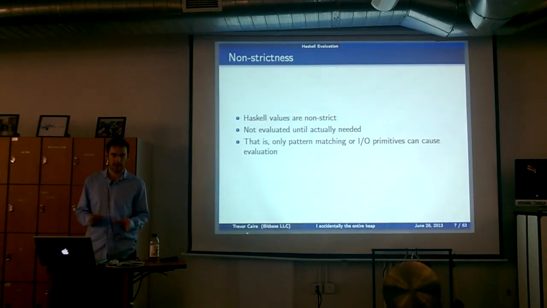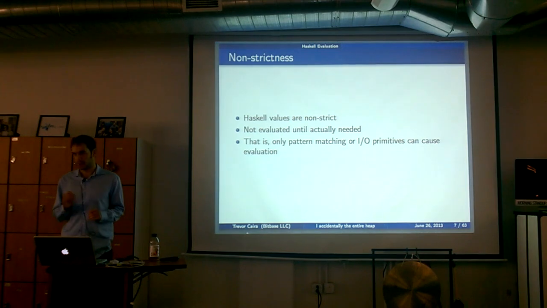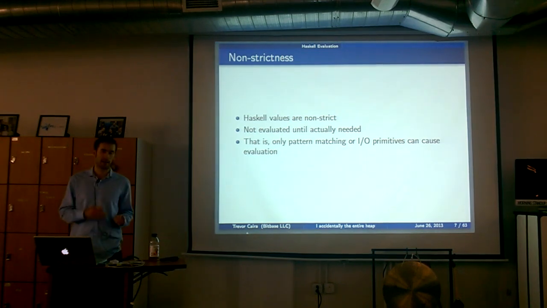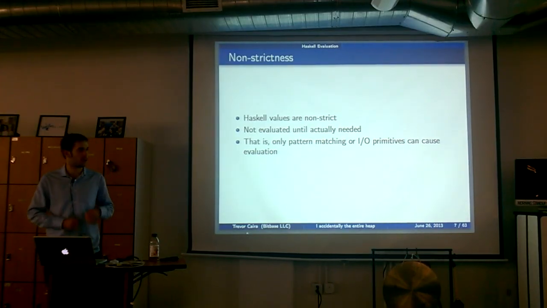Haskell's values and expressions and everything are non-strict, which means that unlike in a language like OCaml or Python or Java, it's not call by value. When you call a function, you don't pass the values onto the stack.